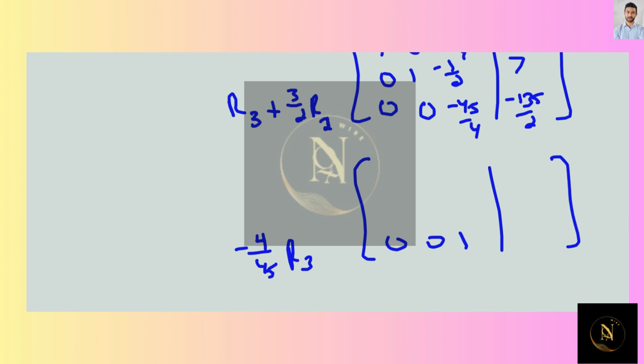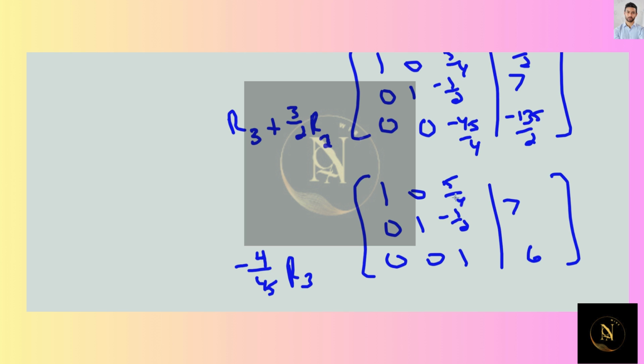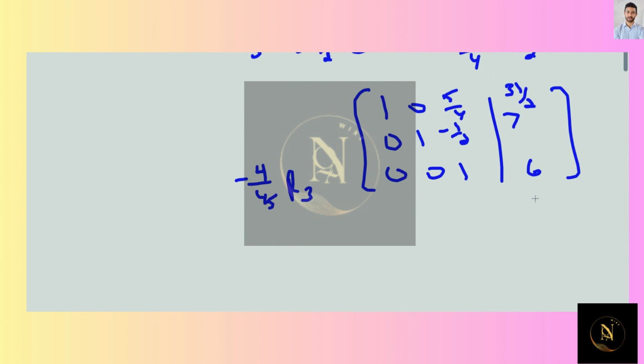And so negative 4/45 times negative 135 halves is 6. And now we just need zeros in rows 1 and 2, column 3.